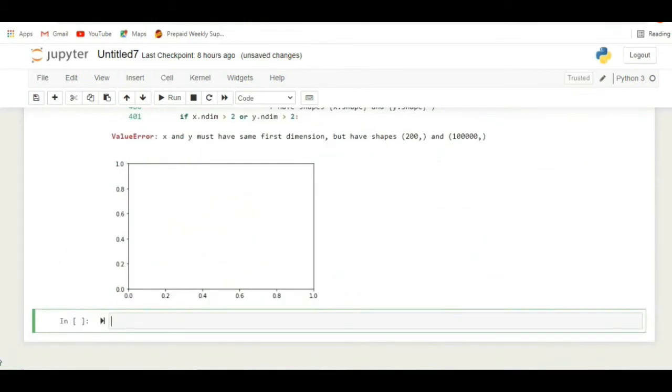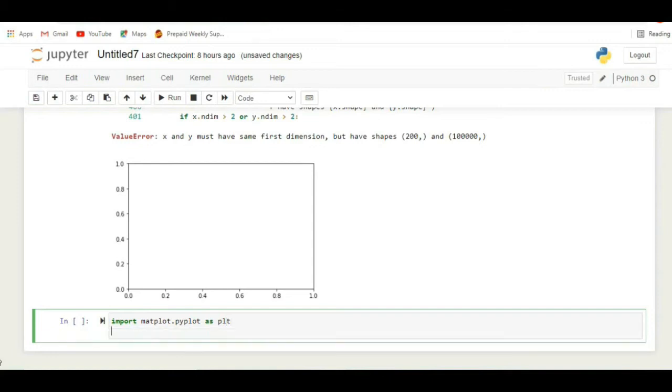This does not mean that this code is not working. This code is working, but since I am making the voiceover, I wrote import matplot.pyplot, again the same mistake. It should be import matplotlib.pyplot as plt.